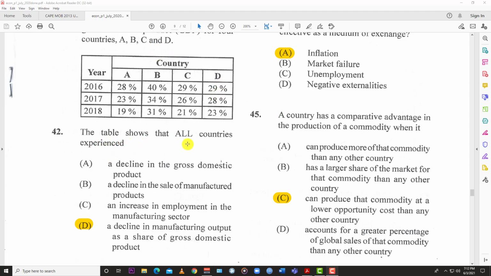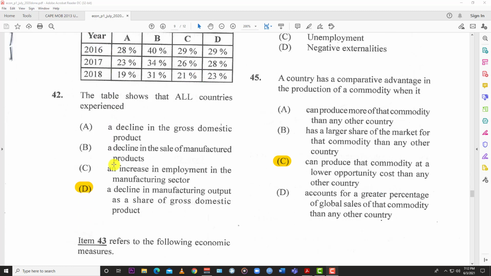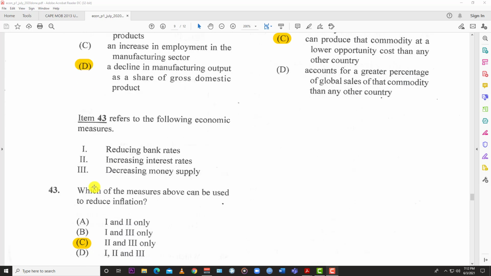So the table shows that all countries experience, and of course the answer is, a decline in manufacturing output as a share of gross domestic product. So that's what you got from all of this. The percentages are the contribution of manufacturing to the GDP. And so earlier on they were more reliant on manufacturing, but now it's declining. So that's why the answer is D.